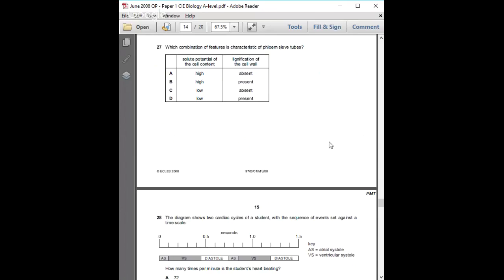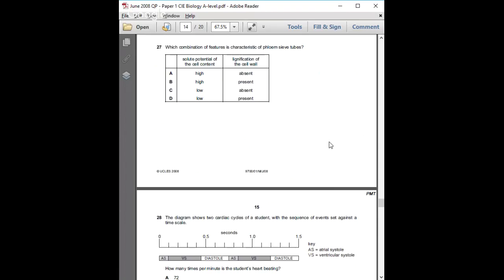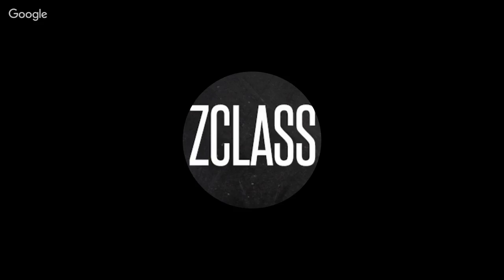Yeah. But the sieve tube elements make up the sieve tube. Yeah, but in the sieve tube element, you have pores, which is where the water and the solutes are moving through. Does that make sense? Okay, that makes sense then.